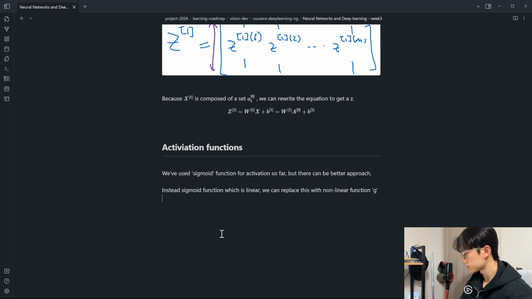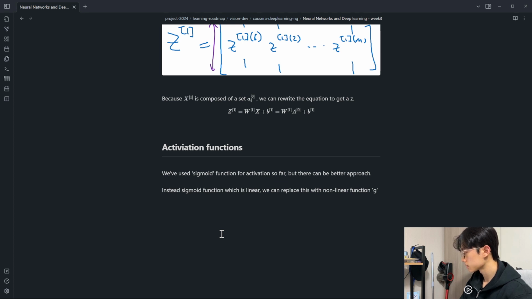So for example, the sigmoid function goes between 0 and 1. An activation function that almost always works better than the sigmoid function is the tanh function, or the hyperbolic tangent function. So this is z, this is a, this is a equals tanh of z, and this goes between +1 and -1.